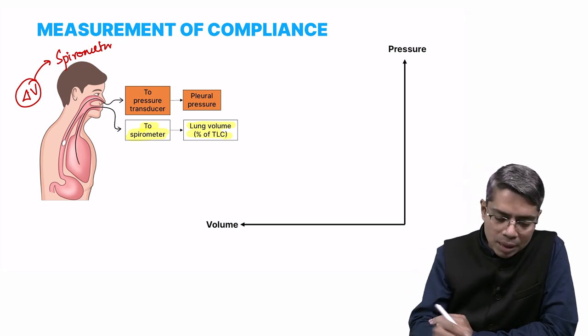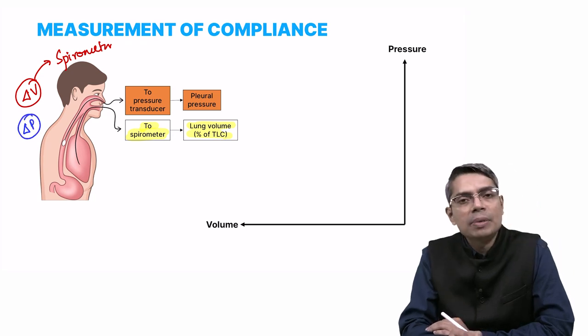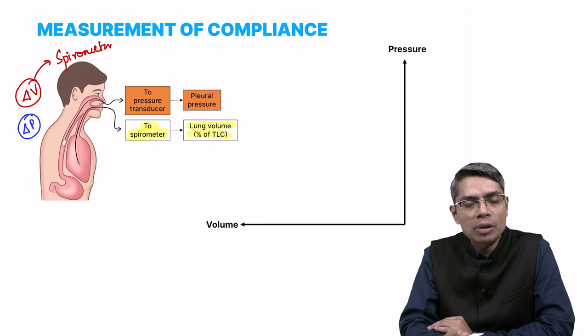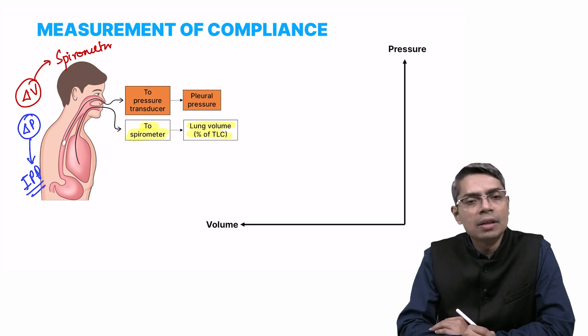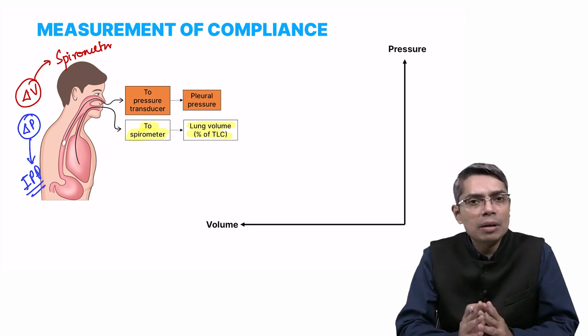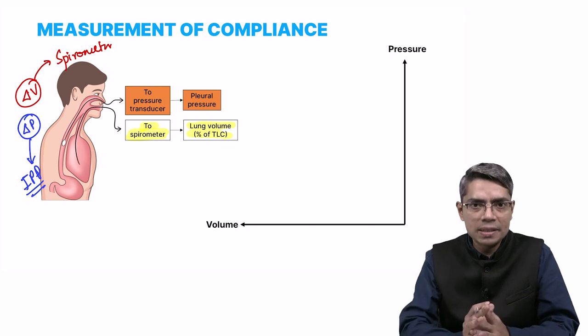And then you also have to measure the delta P. Delta P measurement means you have to measure the change in the interpleural pressure. Now you know that the intrapleural pressure is also known as the intrathoracic pressure, which we have already discussed, and the interpleural space is a closed space, right?